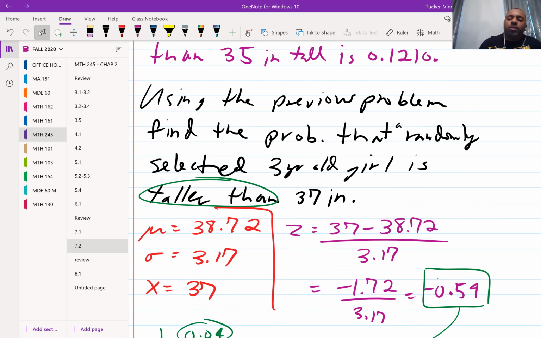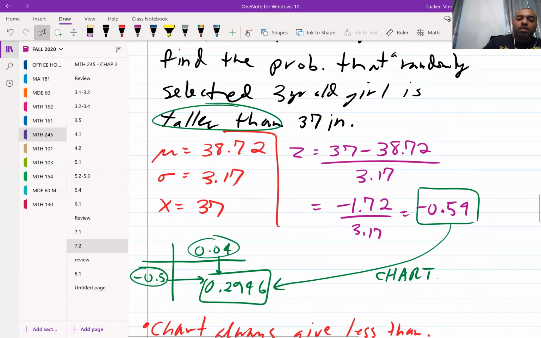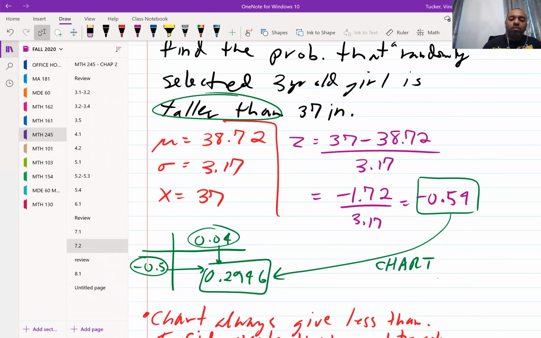Using that, that'll give us negative 0.54. So that'll be negative 0.5 on this left column, and that 0.04 will be on the top row. Where they meet will give you 0.2946.